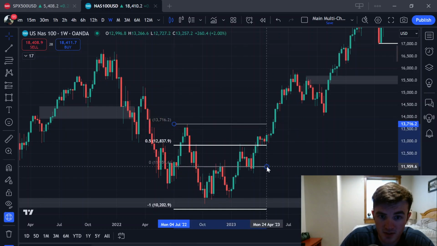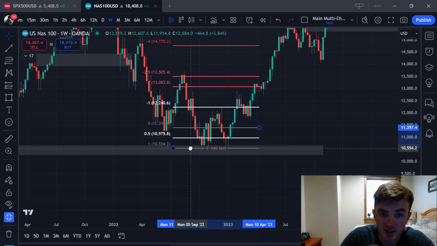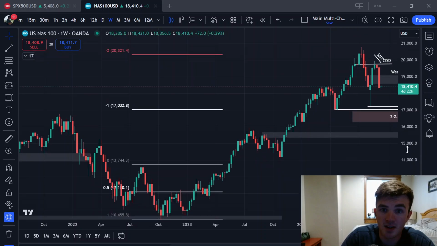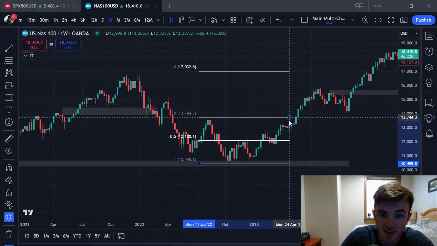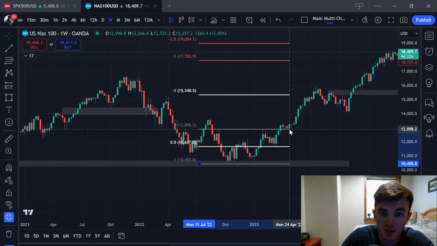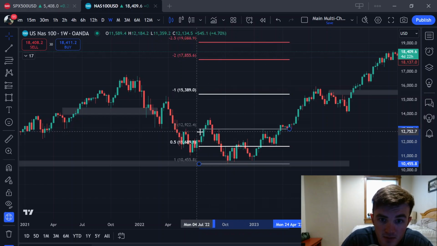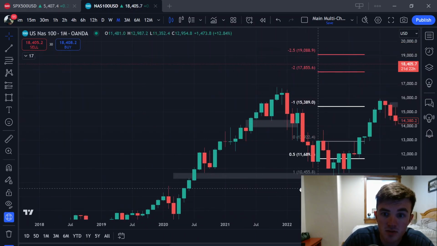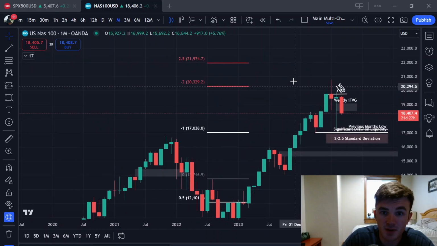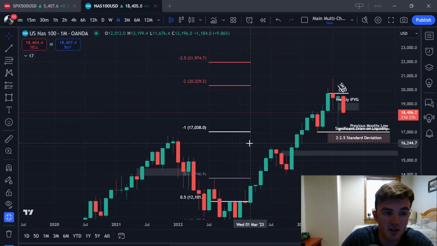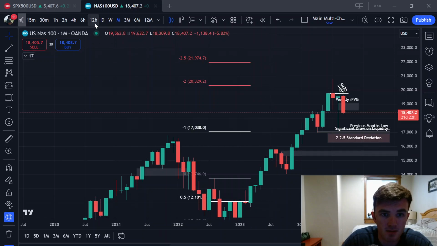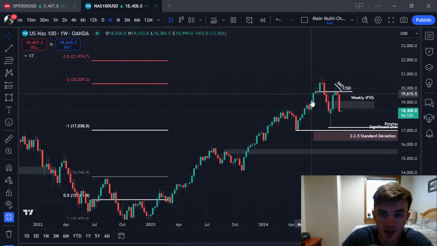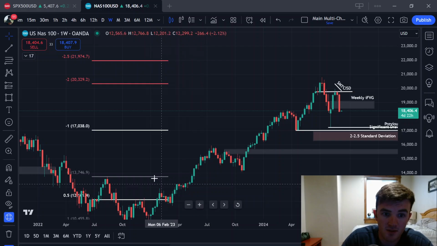So if I measure this final manipulation move down, you want to align these standard deviation levels with significant PD arrays.